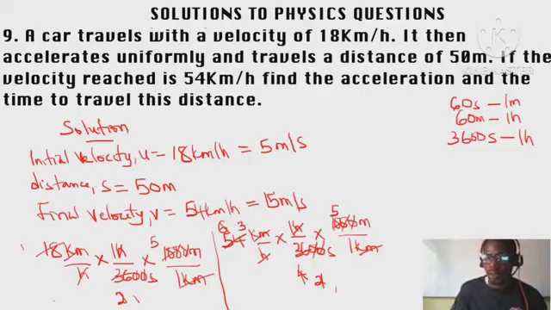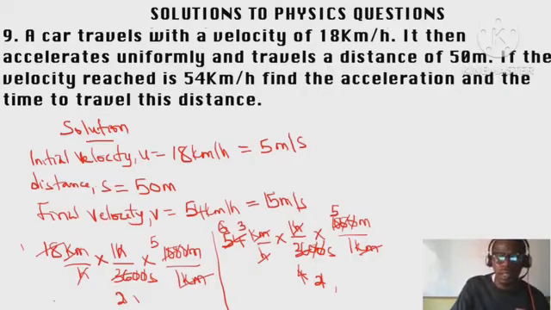Now we are asked to find the acceleration. So how do we calculate the acceleration? From the equation of motion, we know that we are given the following parameters. That means we use the third equation, which is v squared equals u squared plus 2ax. a is what we are looking for here.